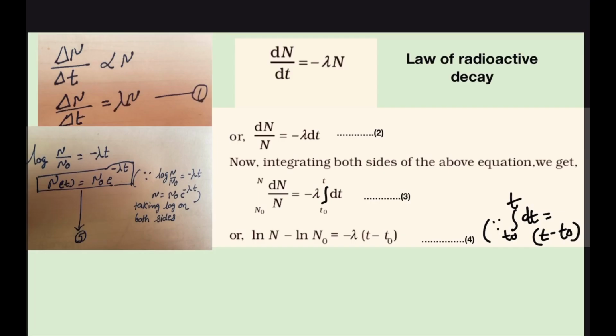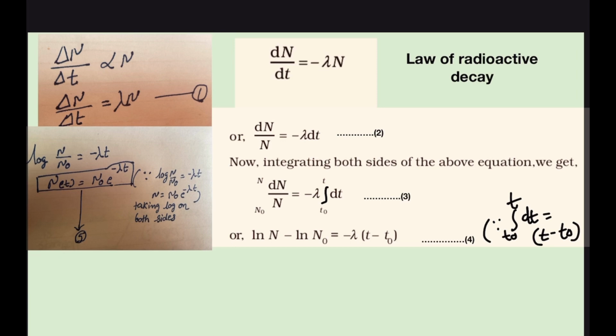And now the law of radioactive decay. Suppose there are N number of nuclei which undergo decay. After delta t time, delta N nuclei will be remaining. So delta N by delta t is called the rate of the nuclei undergoing decay.